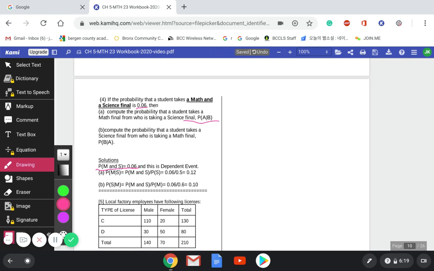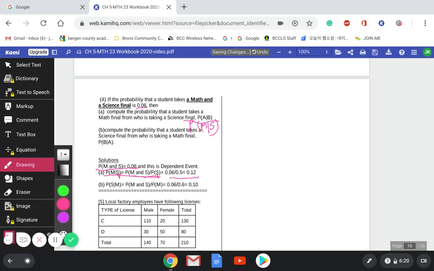So the probability of math given science, that's what they're looking for, right? Math given science would be math and science divided by science. So you got 0.12. Notice that this science and that science have to match.